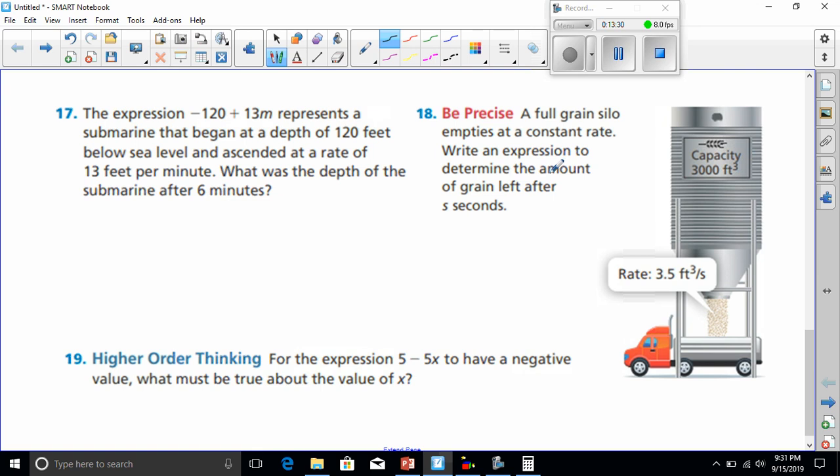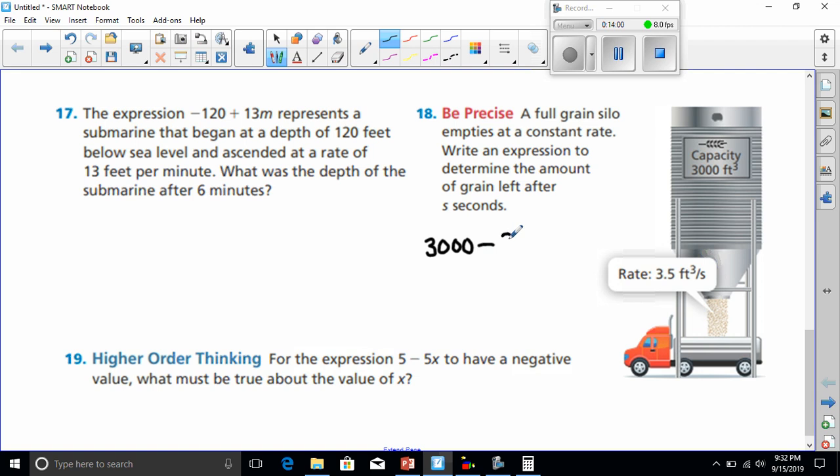And if we're going to say how much grain is left after this, we're going to have to start with 3,000, because we're losing grain, right, after seconds. So we're minusing grain. And this grain is going out at 3.5 cubic feet per second.